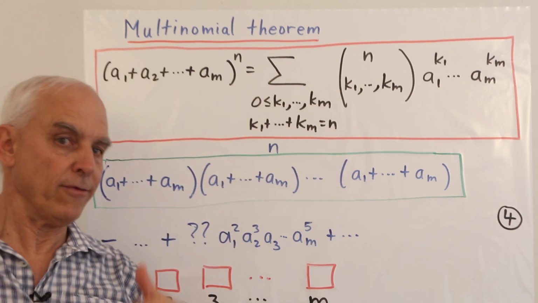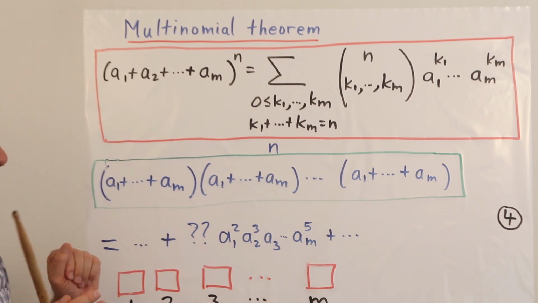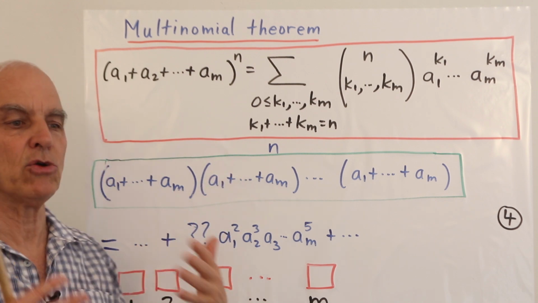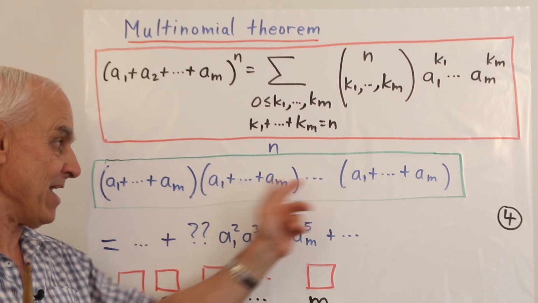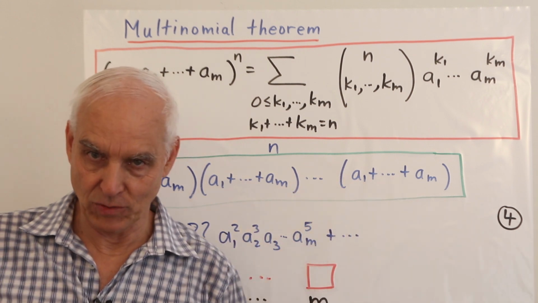So that's kind of an argument of why the multinomial theorem is true. It's just a question of looking carefully at what it means to expand a product of n terms like this, where each of them has m constituents.